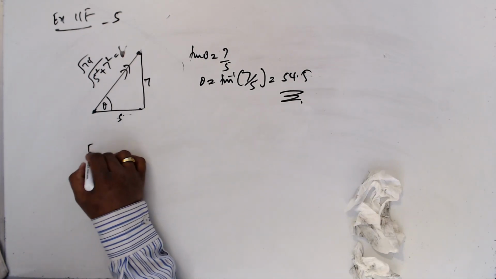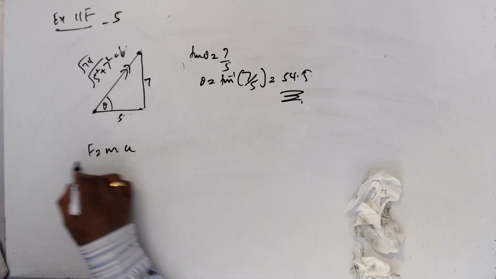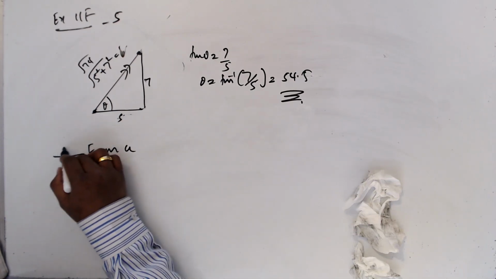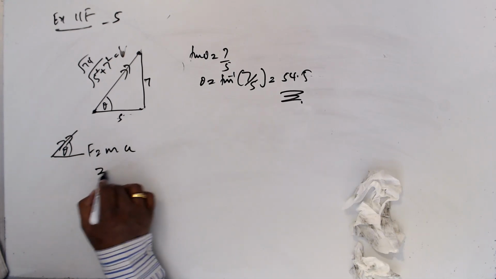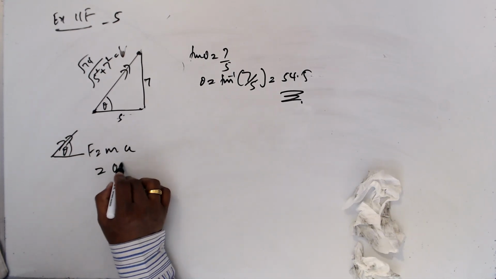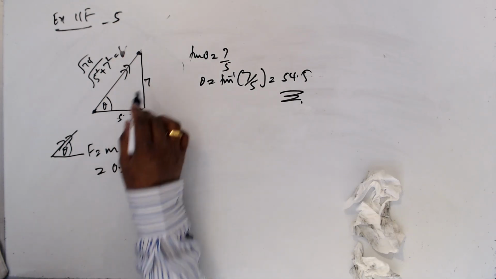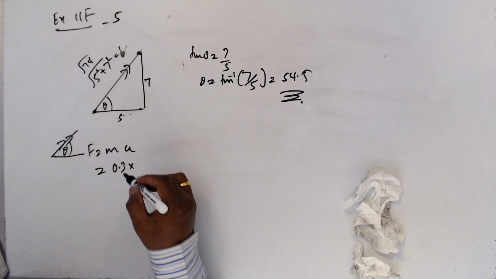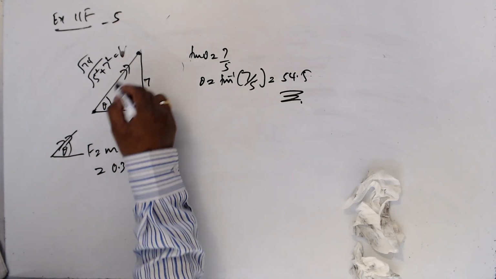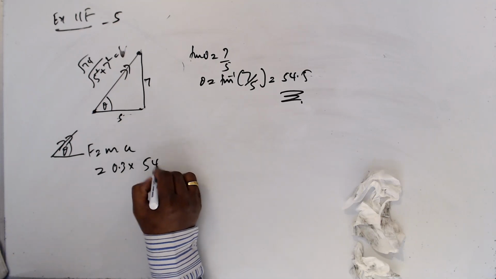Force means, from Newton's law, F equals ma, in this direction, the theta direction. So m is 0.2 and a is 5i plus 7j in this direction, 54.5.